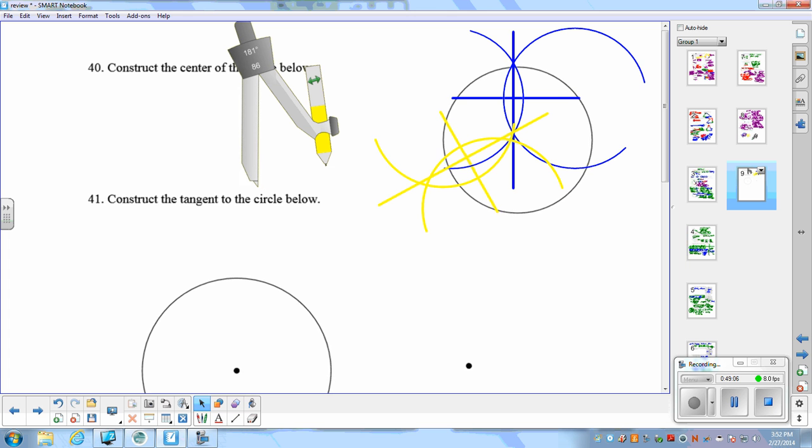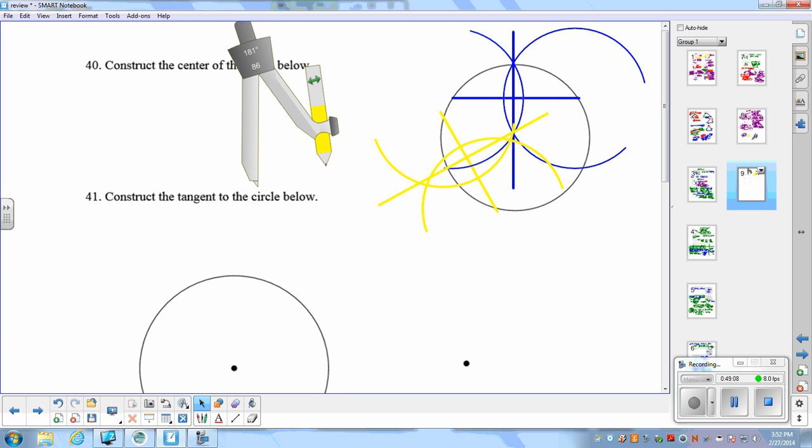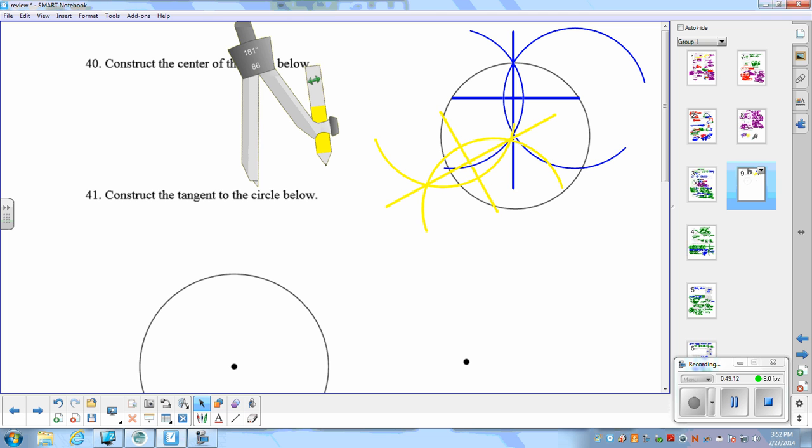And I need to move it over. There's my perpendicular bisector there. So the center is where my 2 perpendicular bisectors intersect, right there.